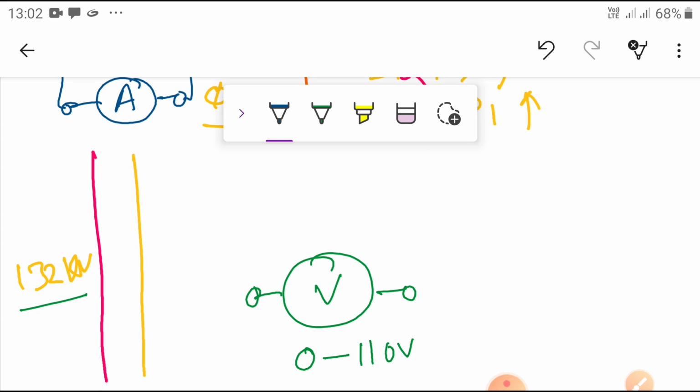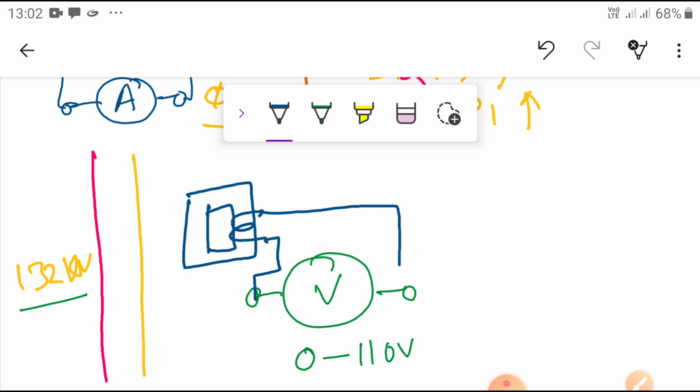What is the PT? It has a primary winding, just like the transformer, with a larger number of turns, connected to the two lines where we are going to measure the voltage. That is the primary, with I1 and N1.